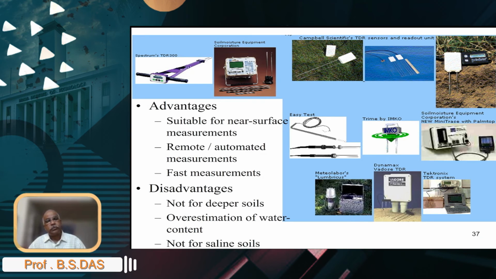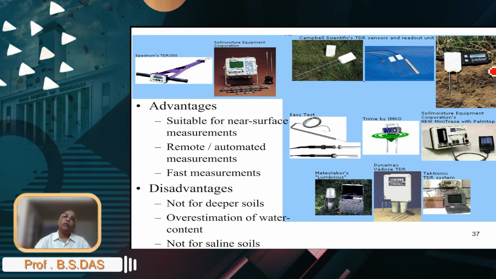You could do this automation, but in hindsight, you still have to put the probe in the ground. So imagine that you are looking at the soil wetness in a deeper soil, and you need to dig out a pit and then insert the probe, because you need to have a physical cable that goes from the probe to your oscilloscope or the controllers. And nowadays there are simple controllers available.